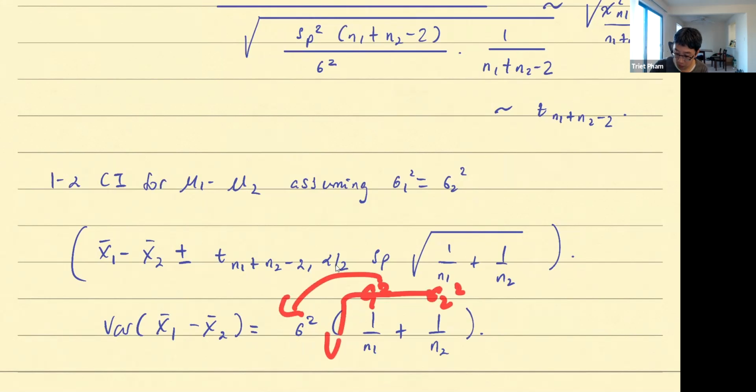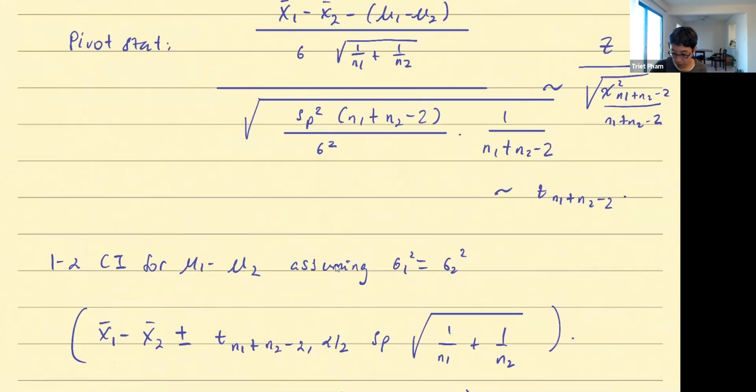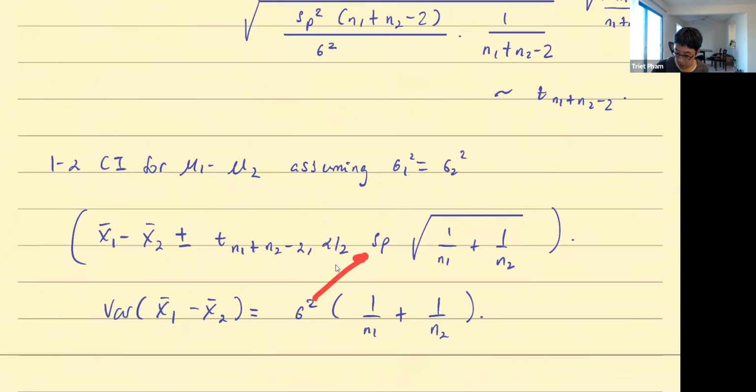So that's why when you normalize, you take the standard deviation, you take the square root. So these things, you know where the structure comes from. Then you can just put the pieces together. You see that SP stands for sigma. This goes right here. This is just the quantile.